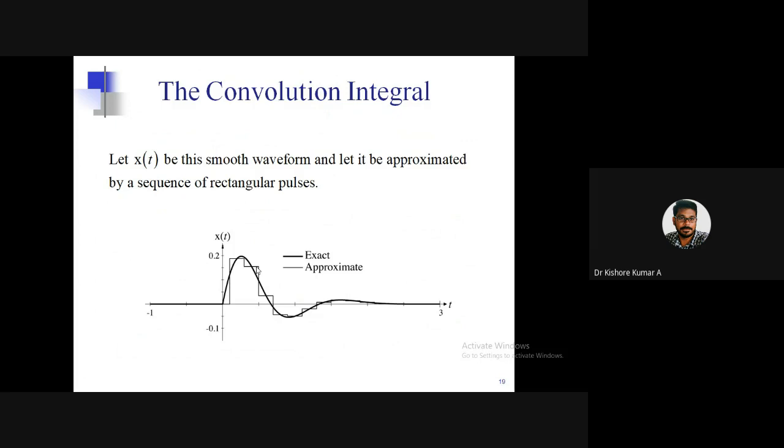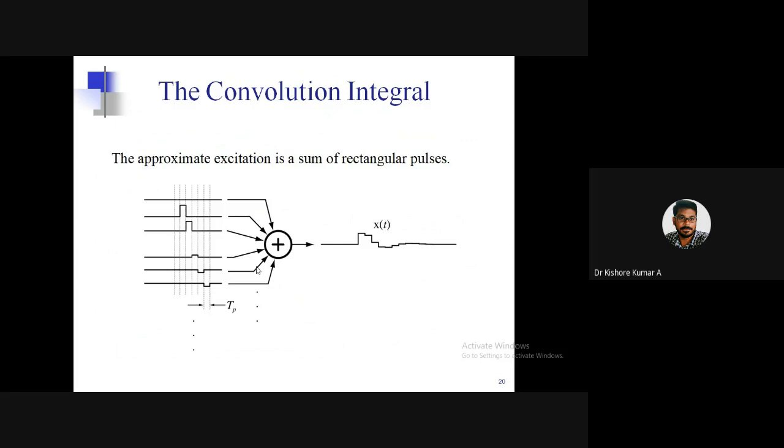The dark line is exact and the light dotted line is the approximate value. The approximate excitation is the sum of rectangular pulses. There are a number of rectangular pulses as specified, they are summed up here, and finally you get a waveform like this.